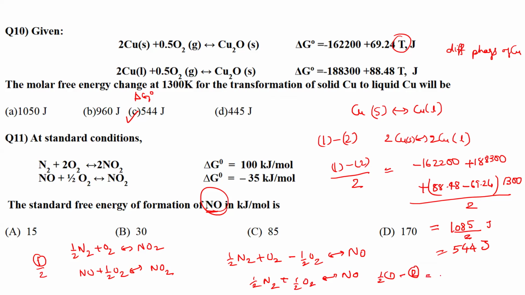So delta G is given as half of reaction 1, which is 100 kilojoule, minus minus 35, right?